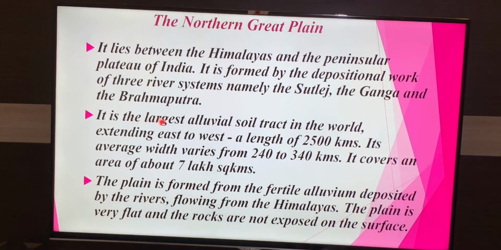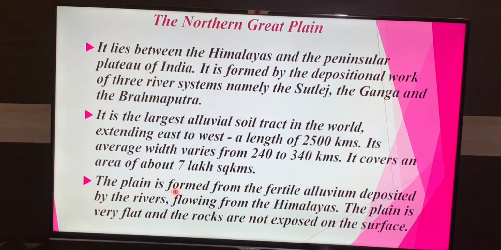It is the largest alluvial soil tract in the world, extending east to west a length of 2,500 kilometers. Its average width varies from 240 to 340 kilometers. It covers an area of about 7 lakh square kilometers.